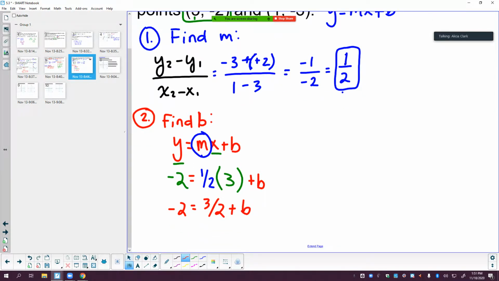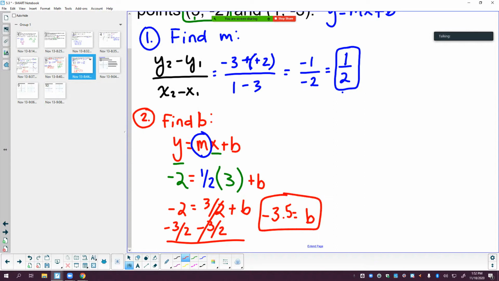And then plus b. I'm trying to get b by itself. So I'm going to subtract 3 over 2, or 1.5, however you have it there. That cancels, and I end up getting that b is equal to negative 3.5, because it's negative 2 minus 1.5.